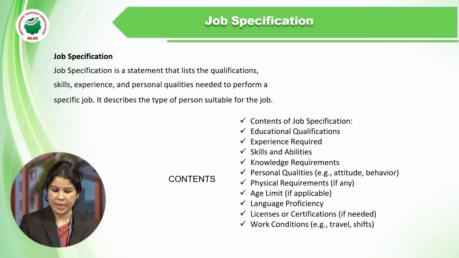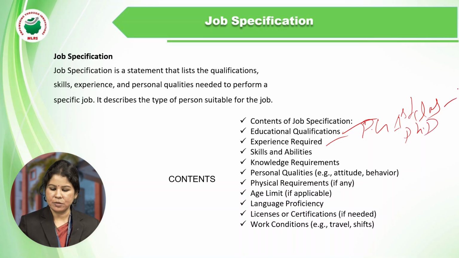That is a specification, which contains things like educational qualification. Now I am writing: required candidate, PG first class, PhD. So I have this information when I go for recruitment and advertise the vacancy, so what specification do I require?